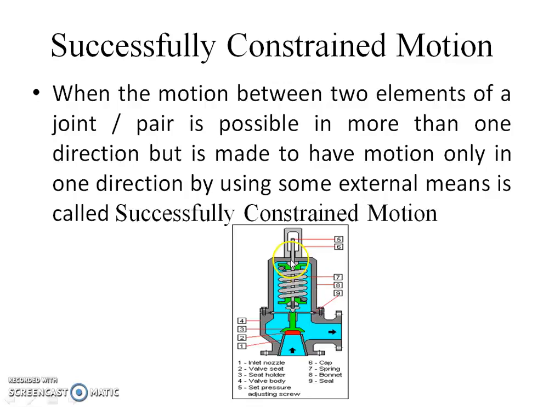So we are restricting the motion by use of this spring force, and thus we are using some external means to constrain the motion, which was earlier not constrained. So when we constrain motions by using some external means, we call such motions successfully constrained motion.